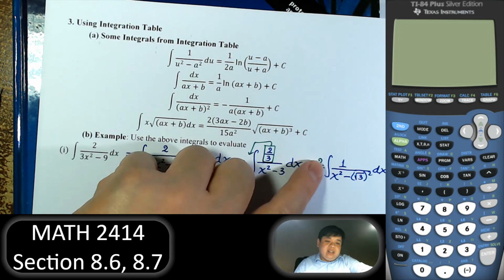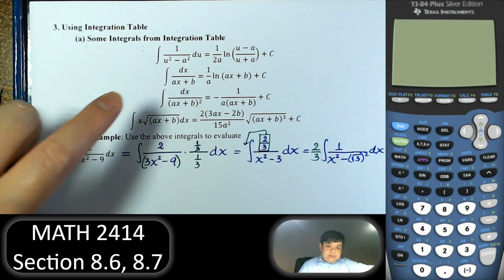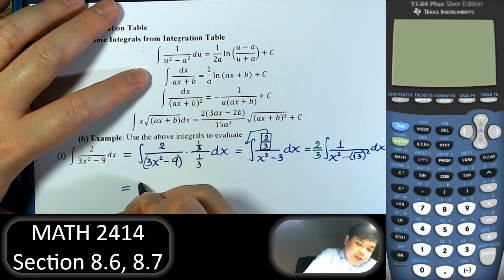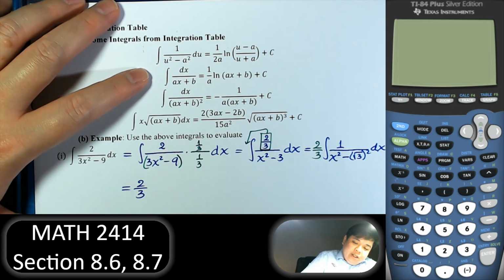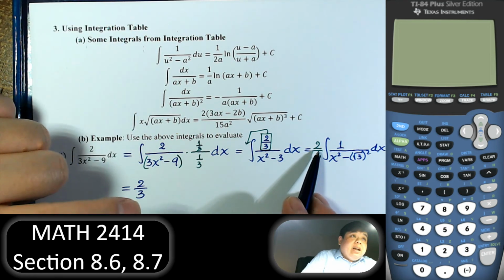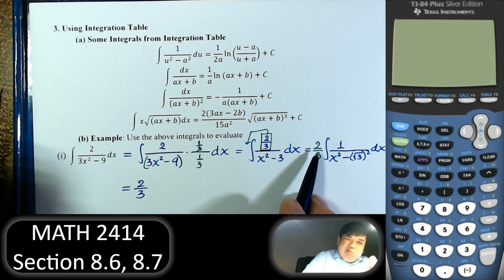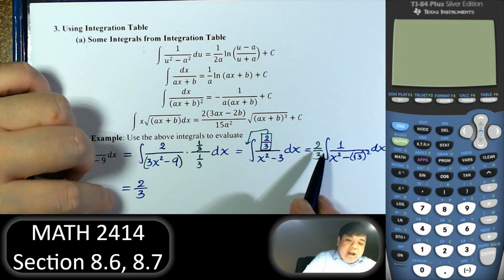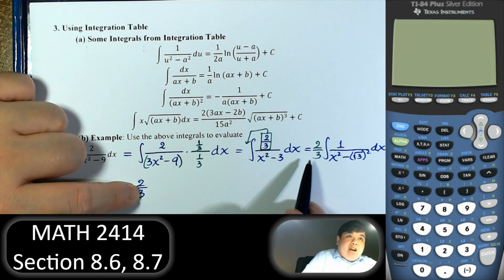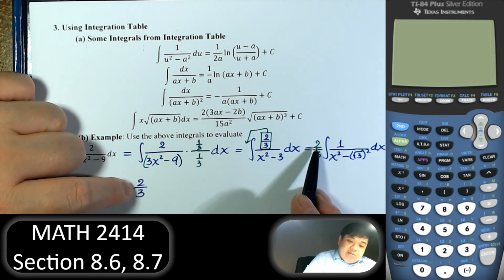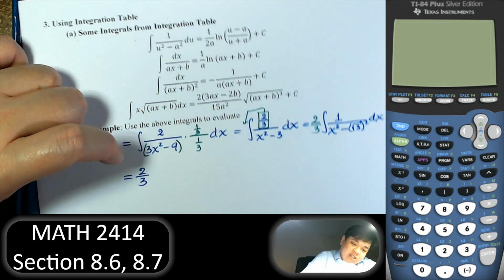Now it looks exactly like that form. So it will be 2 over 3. Once again, sorry about the problem in section 7.5 where I forgot the constant. Sometimes I forgot to write that constant in front.